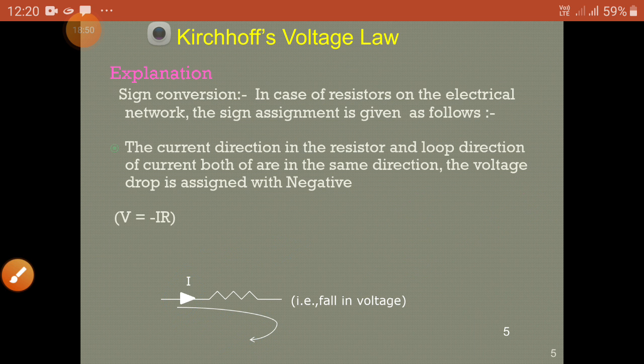Now, based on this, drop is equal to minus I into R, because the current in the resistor and the assumed loop are in the same direction.